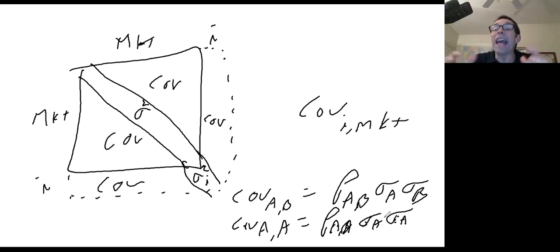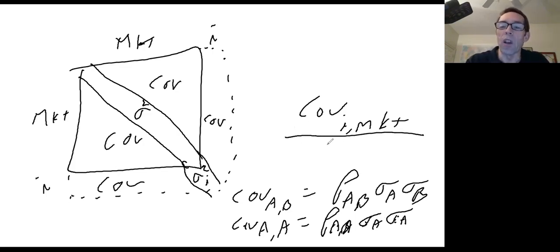Now, let me repeat what I said earlier. Since the market has everything in it, the covariance of the market with itself is an average covariance with the market. The covariance of the market with itself is the variance of the market. So this in the denominator is an average covariance with the market.